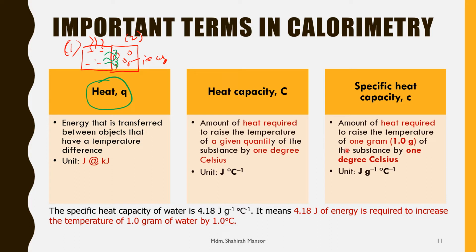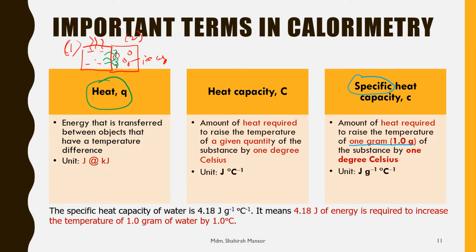So from these two definitions, you boleh nampak bahawa we have one big difference di sini. Okay, so untuk specific heat capacity, it is referred to the amount of heat required to raise the temperature of 1 gram. Okay, amount of tenaga yang diperlukan untuk nak menaikkan temperature untuk 1 gram substance, okay, sebanyak 1 degree Celsius.